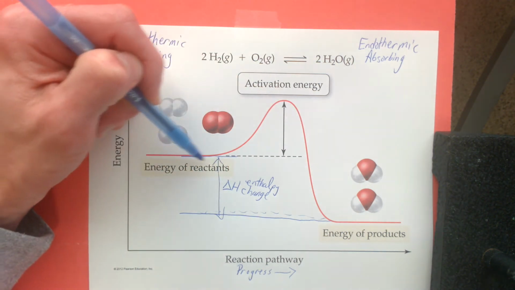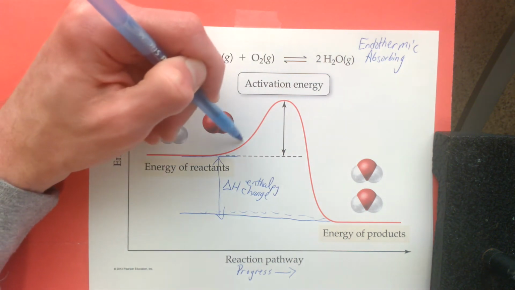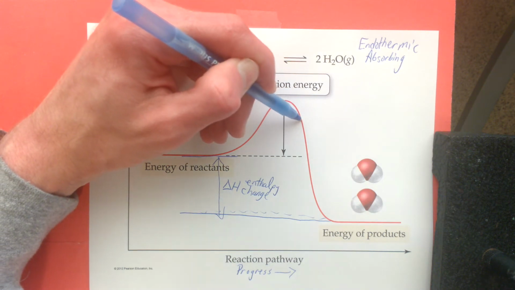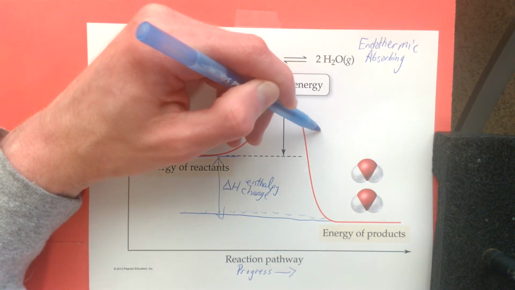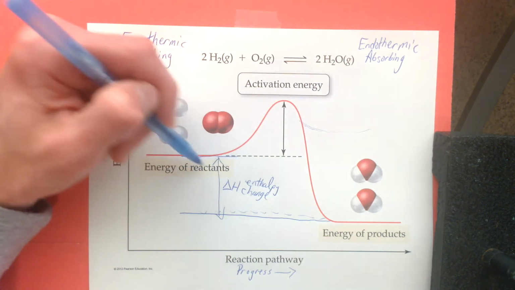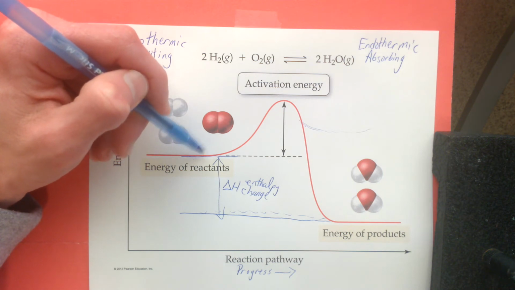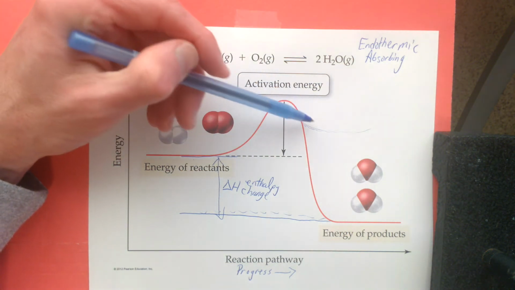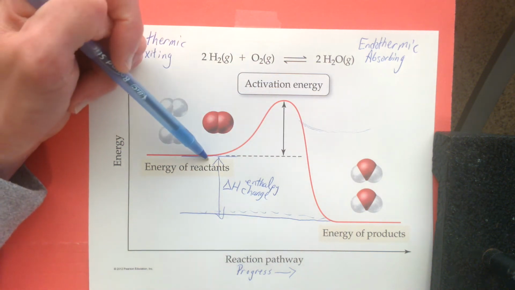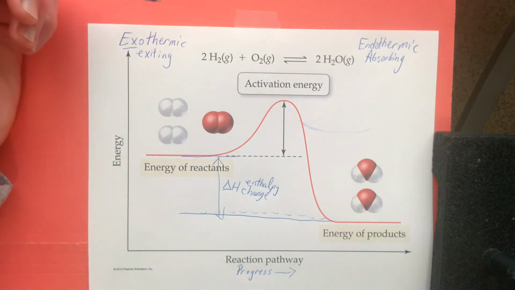So if this was an endothermic reaction, we would have some sort of slight drop, but the products would end up maybe right here, somewhere above the original or initial state of the reactants, because for the products to have a greater energy than the reactants, we have to absorb energy.